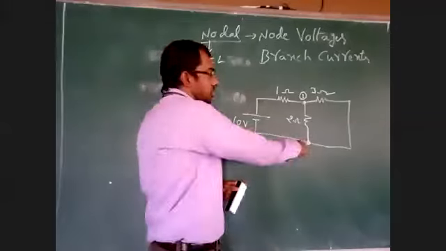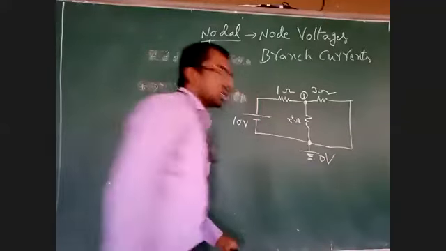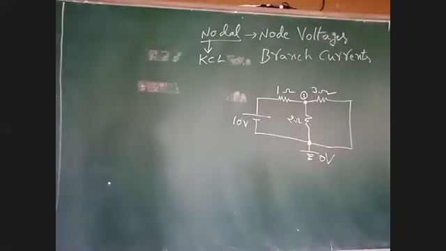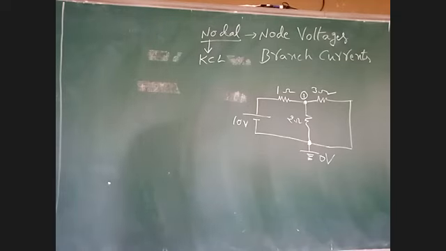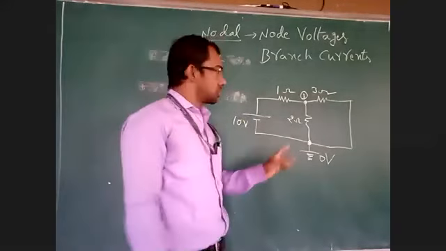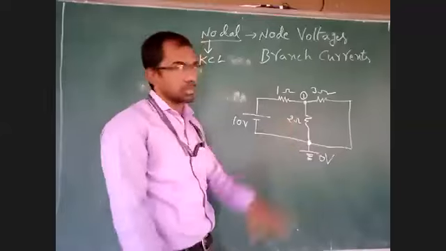But generally we won't call this a node, because this is the reference node or ground node. The voltage at the reference node or ground node is 0. Another node is also there, but in any circuit, we'll take one node as the reference node.